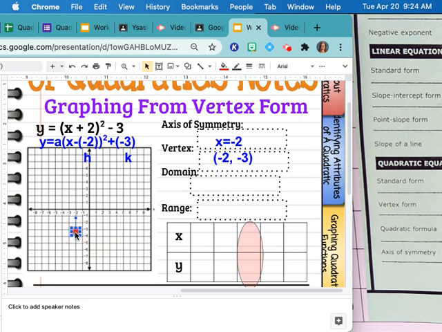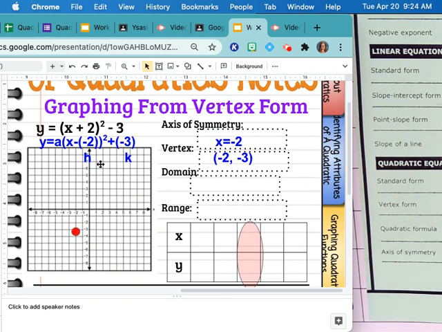So I created a point and then I made it red. Did y'all plot your point negative 2, negative 3? So you go left 2 and down 3. Then we need points on both sides of the vertex.